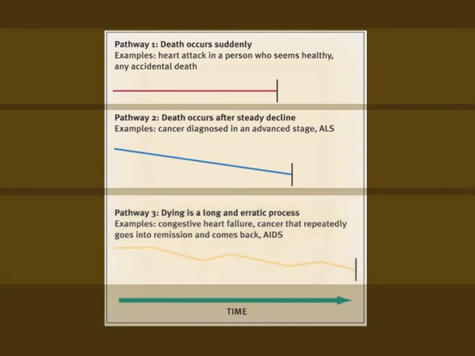And the third dying trajectory, an orange line wavy in shape, represents patients suffering from chronic illness.